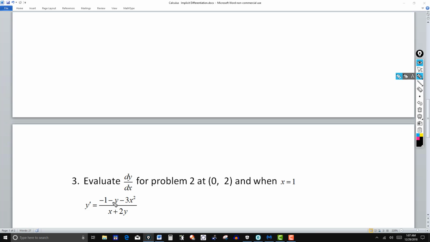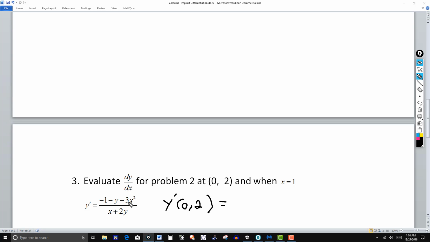Okay, so now I want the derivative evaluated at the point 0, 2. So all you have to do is, over here where you have an x, you put a 0, where you have a y, you put a 2.